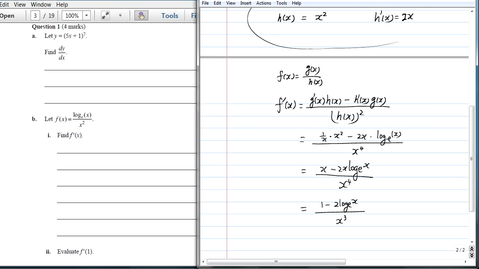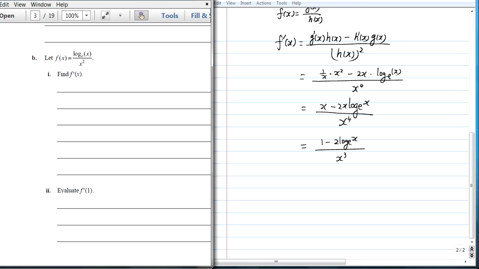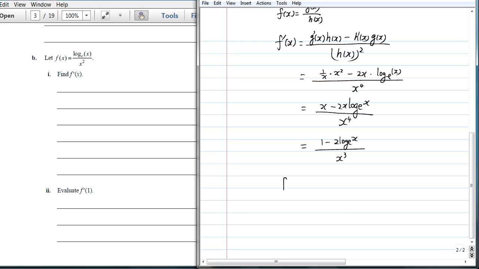Next question: evaluate the derivative of this function when x is equal to 1. After we found the derivative of the function f(x), we can just substitute into this derivative.